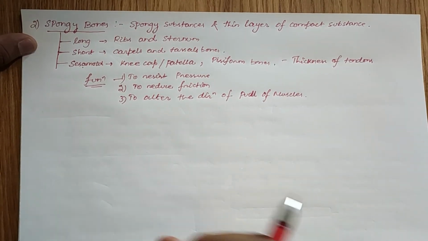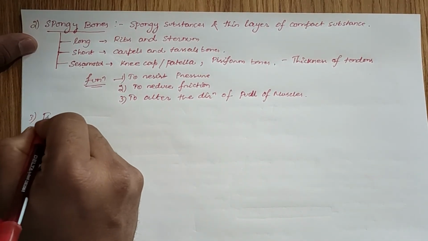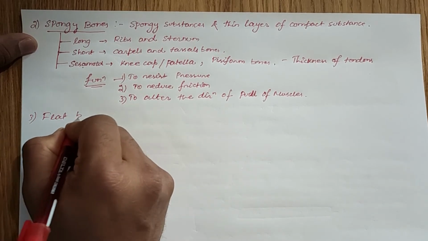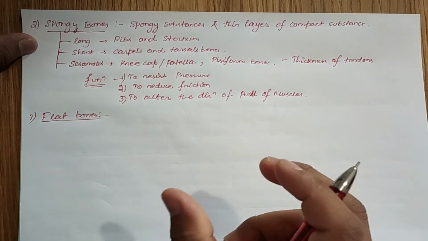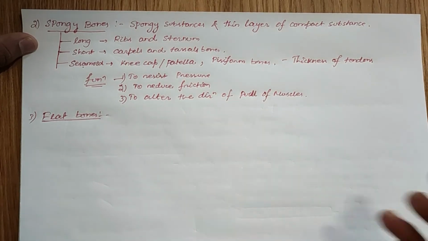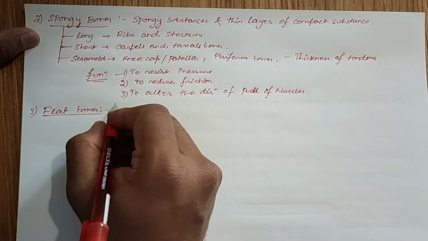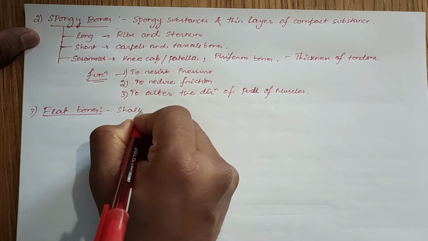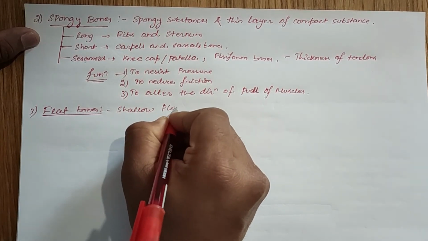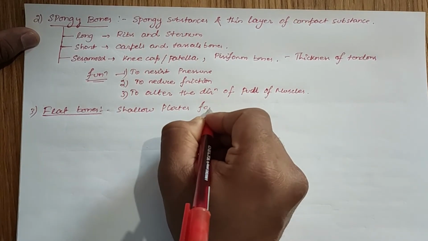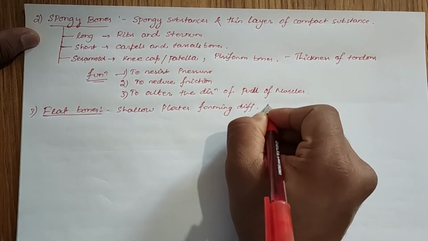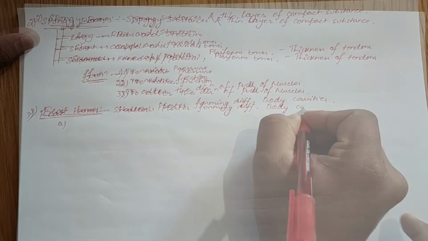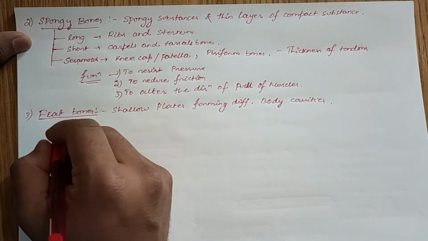Then the third type is flat bones. What are flat bones? These are shallow plates forming the boundaries of different body cavities. What are the examples?